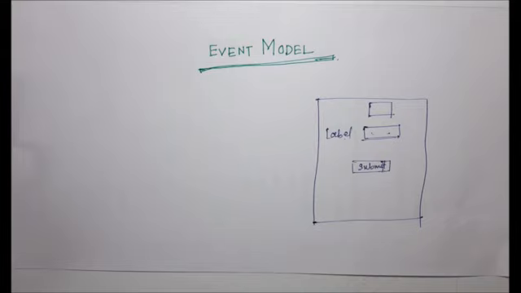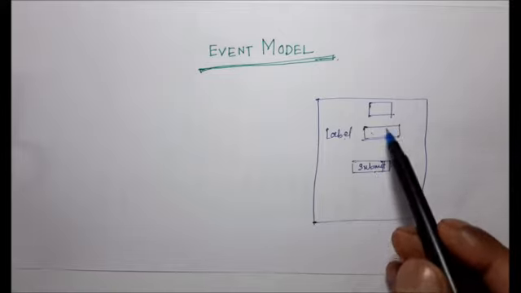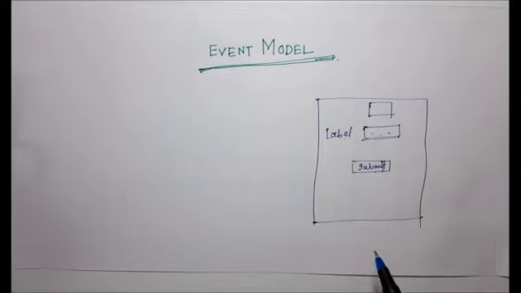The next step is that whatever event is generated by some component, for example a button, a text field, a text area, a checkbox or a radio button, whatever component is added in my graphical user interface, must be registered with the listener, with the source, to receive an event.